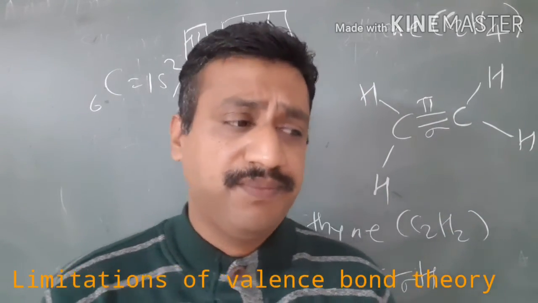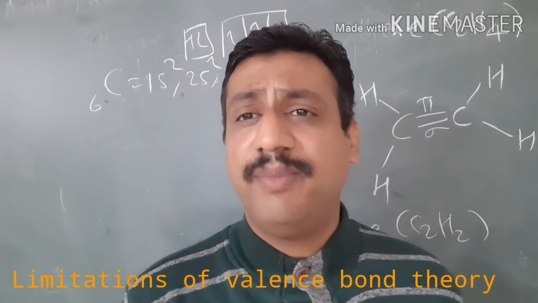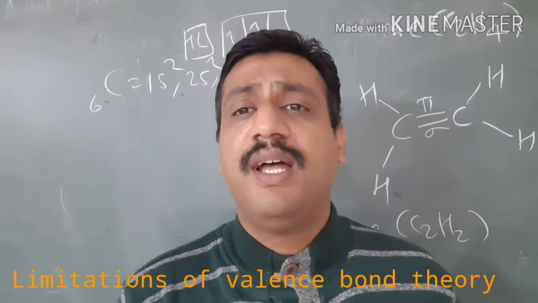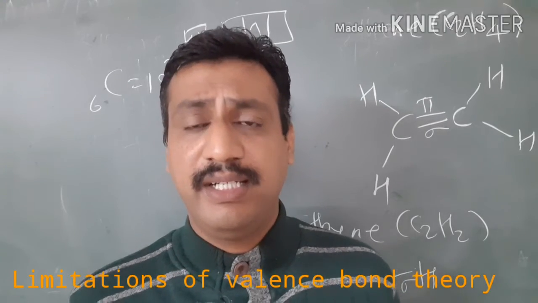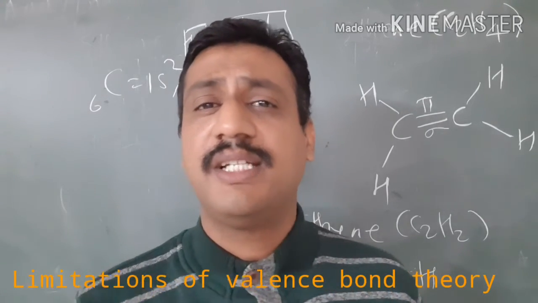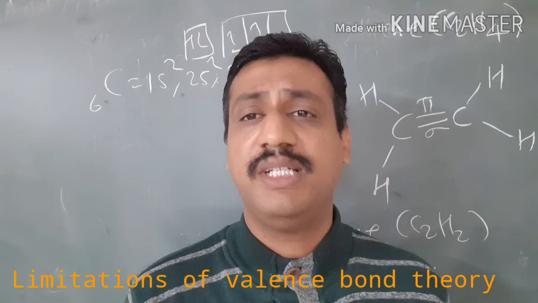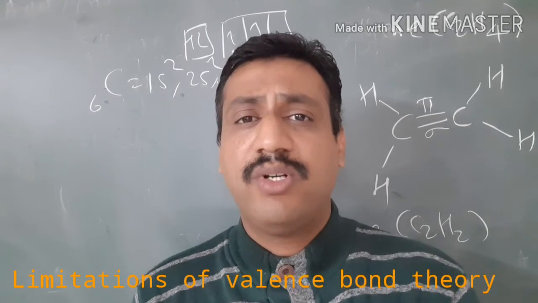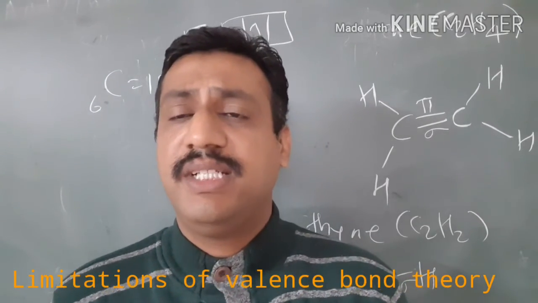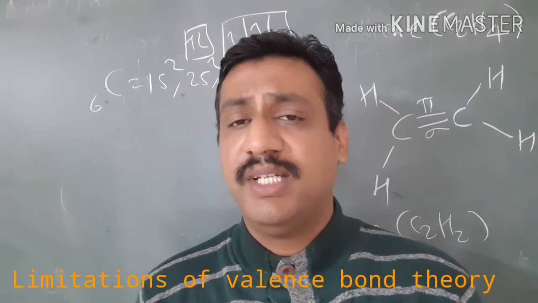Okay, and it doesn't explain the geometry of the molecule. And it considers that electron density is concentrated in a certain specific region in the orbital, but modern theories prove that electron density is not concentrated in a certain specific region.